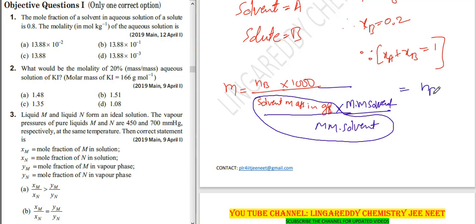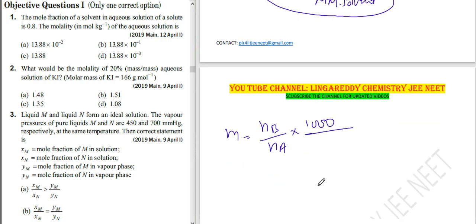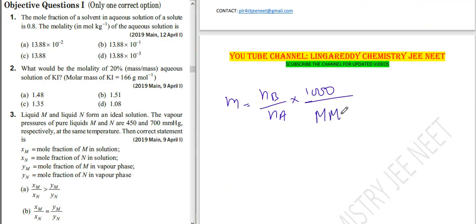Therefore the formula is like this: nB by nA into 1000 by molecular mass of solvent. So small m equals nB by nA into 1000 by molecular mass of solvent, right?